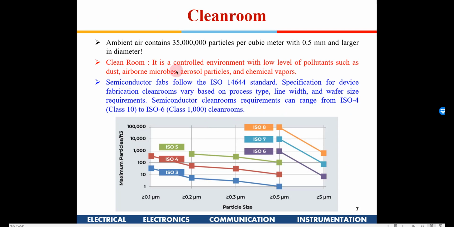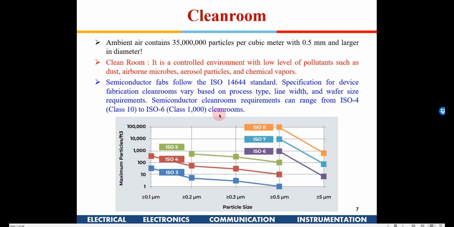Okay, now all these fab labs are classified as clean rooms. And there are several measures of the cleanliness of a room. The ISO 14644 standard is what people generally use to classify these clean rooms. Now you have ISO 4, which is known as class 10, or ISO 6, class 1000, and similarly various classifications.